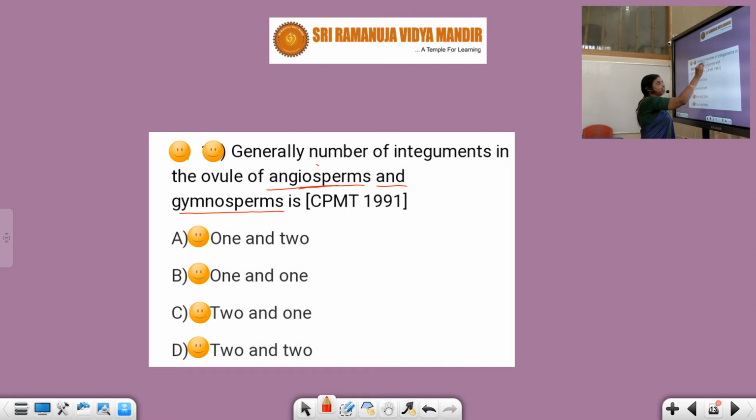So 2 integuments in angiosperms, and in gymnosperms there is only 1 integument. So 2, 1. Where is 2 and 1? In C. So C is the answer here.